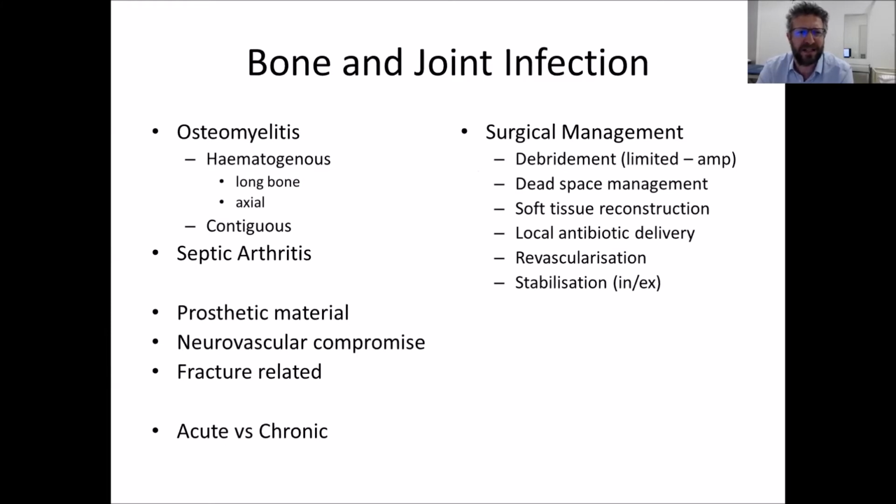As Ben highlighted, this is a very broad and heterogeneous group of infections, including both septic arthritis and osteomyelitis, with osteomyelitis further broken down into usually acute hematogenous infection involving particularly long bones in children, and more the axial skeleton in adults and particularly in the elderly. And it can be more complicated as we throw in prosthetic material, neurovascular compromise, and when infections are fracture related.